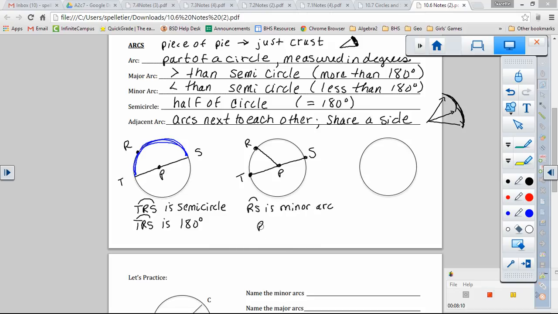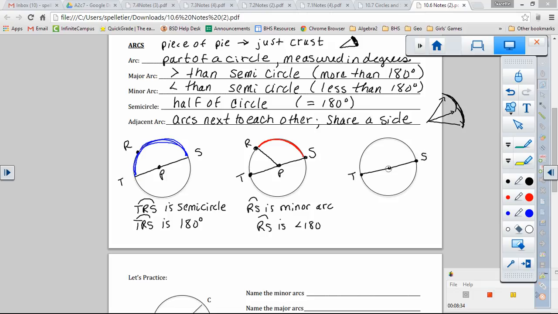Okay, that means that arc RS is less than 180 degrees. And so here is arc RS. It starts at R and goes to S. So that's arc RS. It's less than 180 degrees, so it's considered a minor arc.